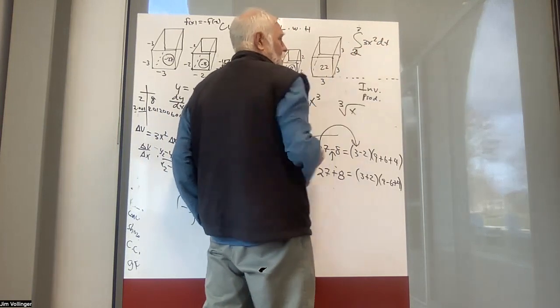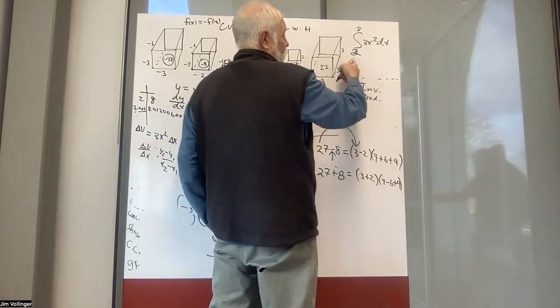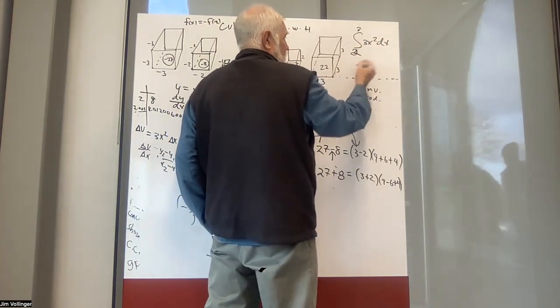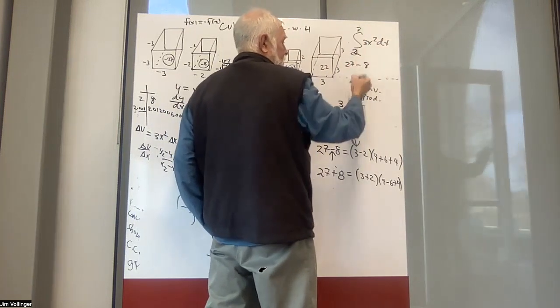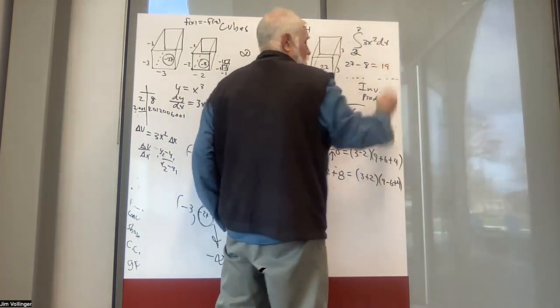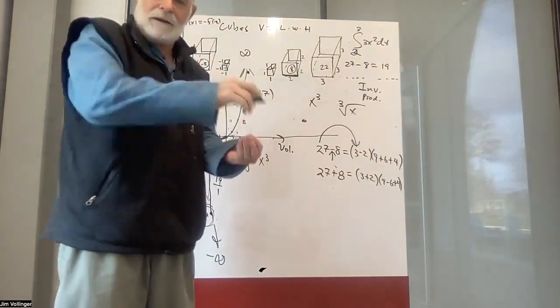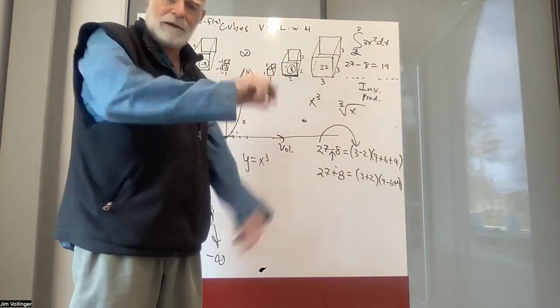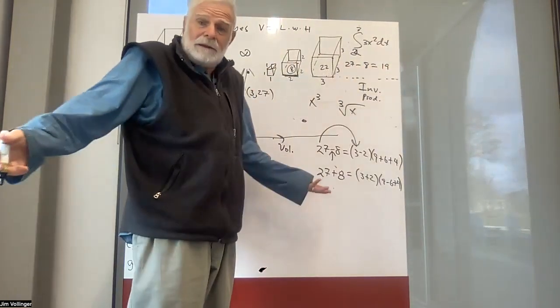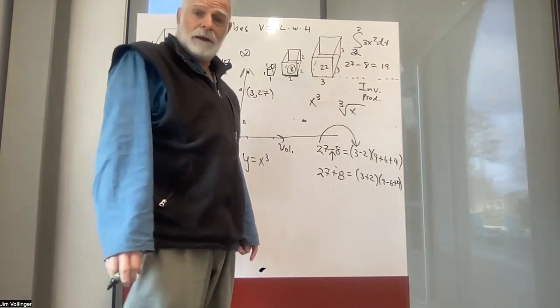That's a 2, right? And what is the volume of a 2 by 2? 8. What is the volume of a 3 by 3? 27. And you actually get 19 units of volume in that add a layer, add a layer, add a layer. Right? You get 19 units of volume. Yeah, that's where you're headed.